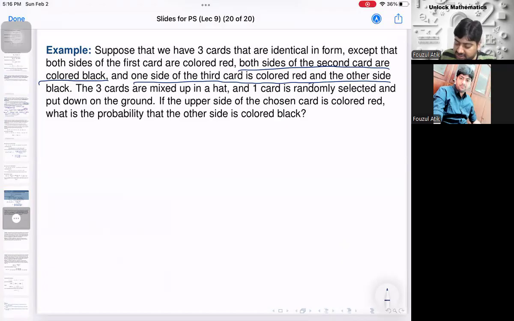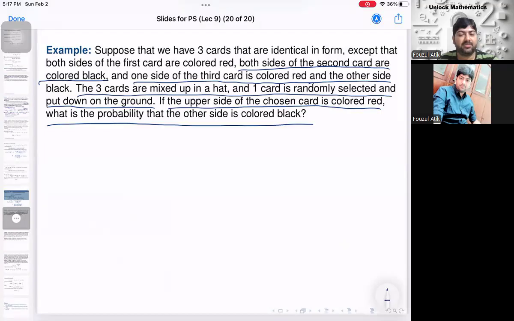Now, these three cards are mixed up in a hat and one card is randomly selected and put down on the ground. If the upper side of the chosen card is colored red, what is the probability that the other side is colored black? You have to find this probability.